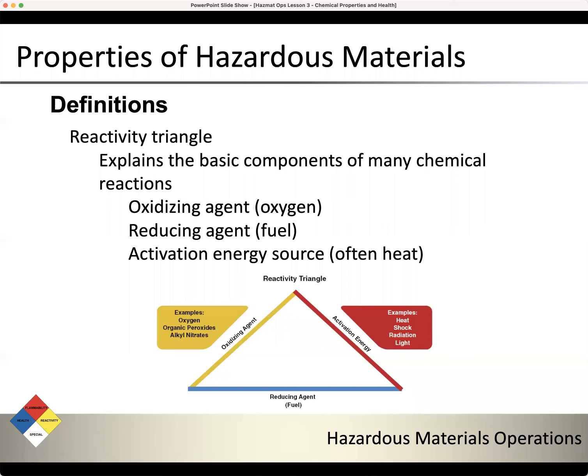The fire triangle is a reaction. It's an exothermic reaction. It has the same components required to occur as any other reaction. Remove any one of these and the reaction stops. When it comes to a chemical reaction other than fire, sometimes it's a little difficult.